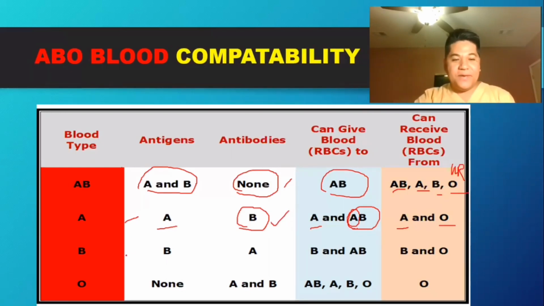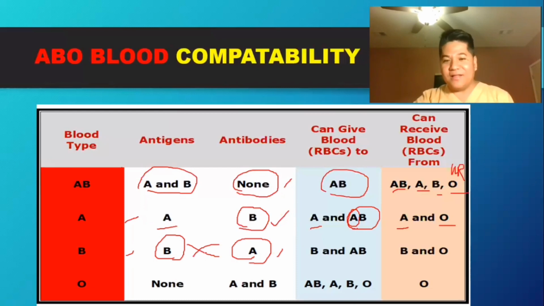Now, type B has antigen B, but has antibodies A. So it cannot receive type A. It would have a fight, like boxing, in the blood interactions.